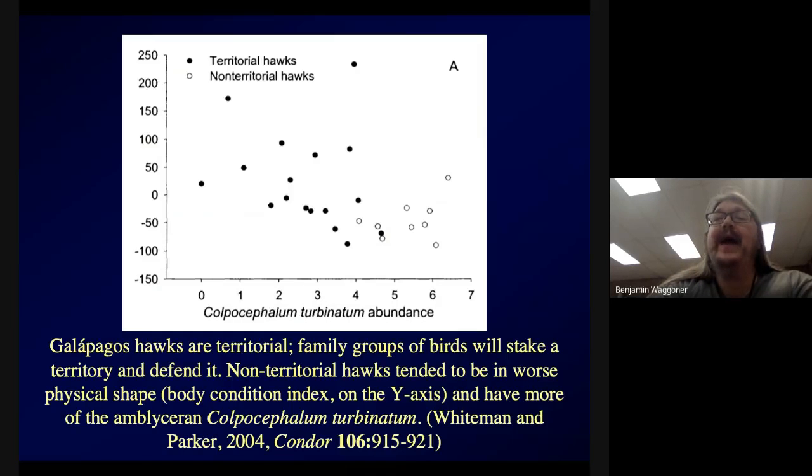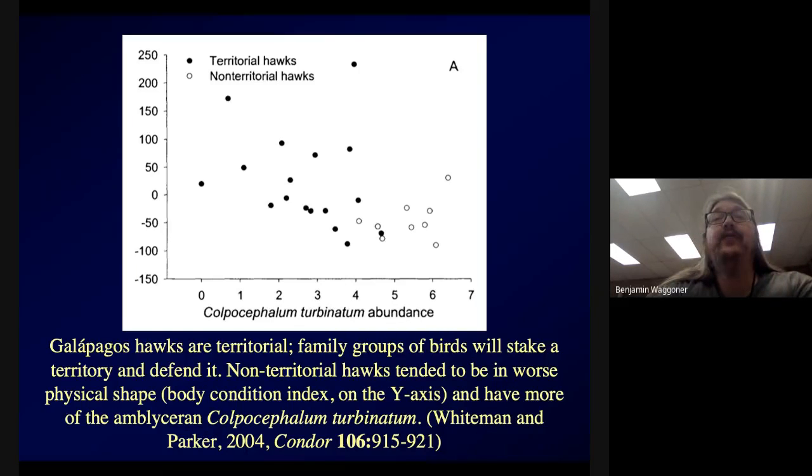Non-territorial hawks have difficulty competing with this. A lone hawk will have a hard time defending a territory if his neighbors are a family group that cooperate and work together. So hawks that don't have a territory don't feed as well. They can't defend a large hunting territory. They tend to be in worse physical shape.